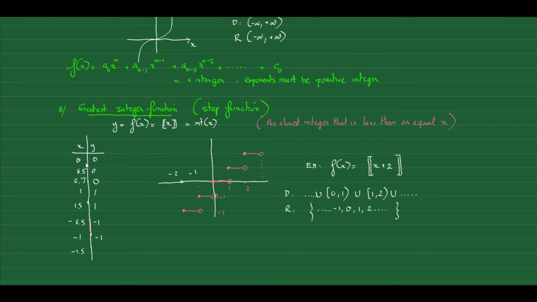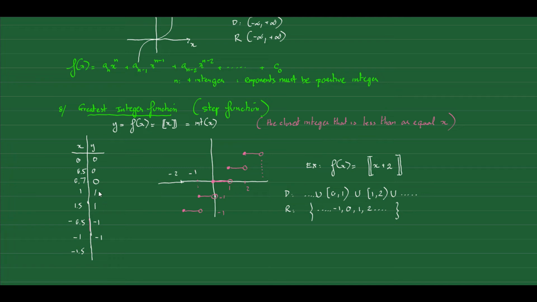If you have 0, then the integer of 0 is 0. But if you have 0.5, the integer that's smaller than 0.5 and closest to 0.5 will be 0. If it's 0.7, the integer that's smaller than 0.7 but closest to it will be 0.